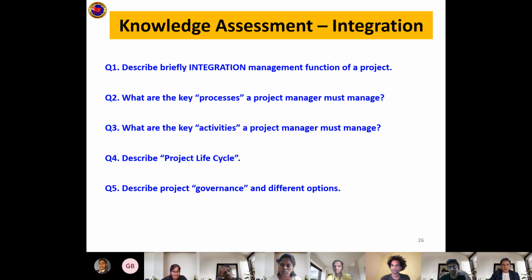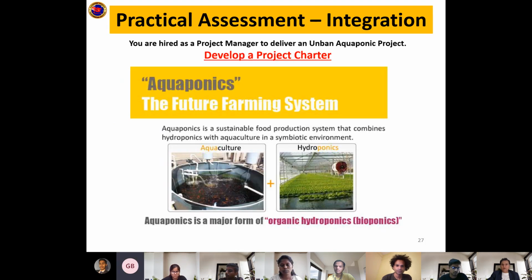Right. Okay, we will start the next part of the assessment, which is the practical assessment, after you do this quiz. Today we are going to develop a project charter. For a project charter, you need certain information. Professor Gaurav will be giving us that information, and he will also continue to be your resource. As I told you, these are real life replicas.